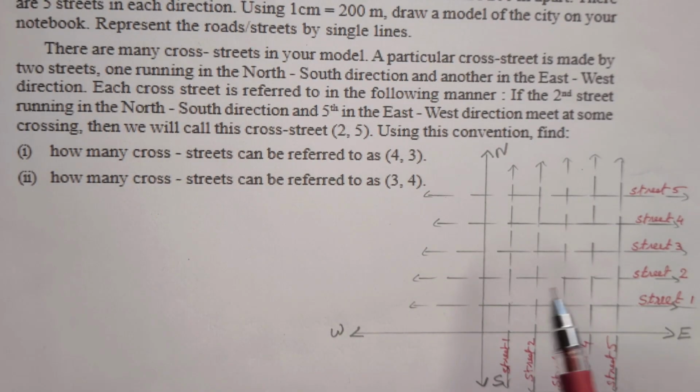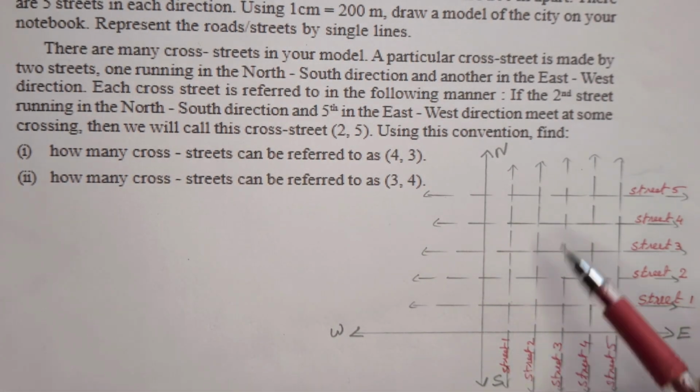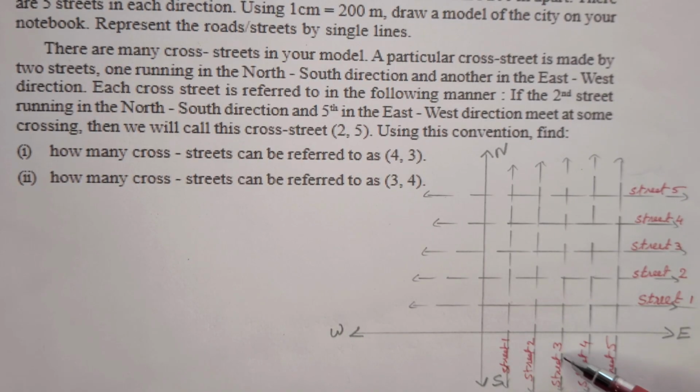So we can mark the roads. First one east-west direction and north-south direction. 5 roads parallel to the north-south direction: Street 1, 2, 3, 4, 5. The same way, in the east-west direction also 5 parallel roads: Street 1, 2, 3, 4, 5.